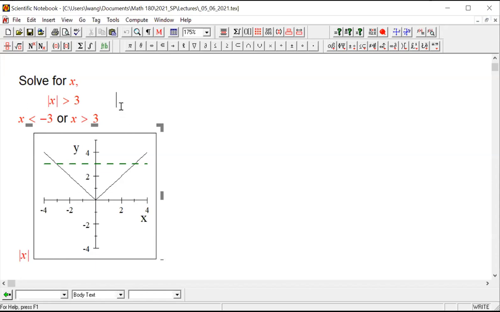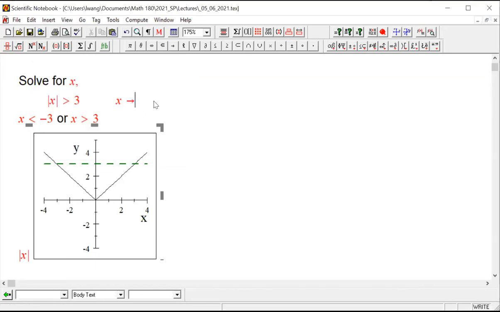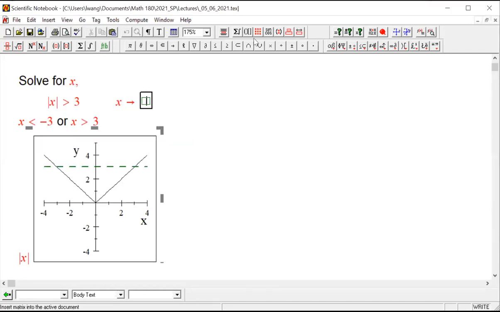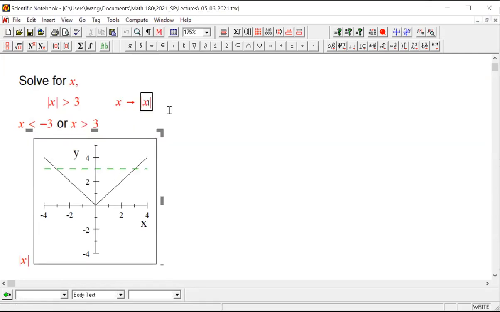Think of function, right? So the input is x, and it goes through this machine. And this machine is going to give you the absolute value, and it's going to come out as output.